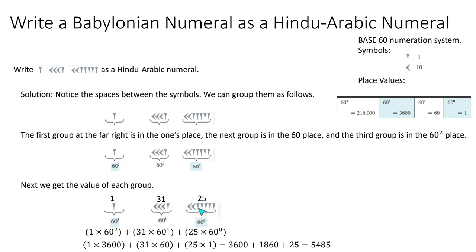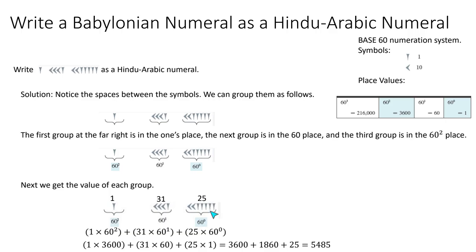Here I have 2 arrows, so that's 10, 20. And then I have 5 of these, so that's 25. And then this one is 10, 20, 30, 1, so 31. And then this is just a 1. Now what we're doing is really kind of writing it in expanded form, right?